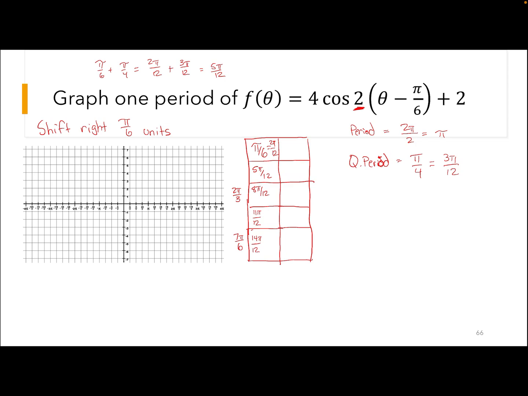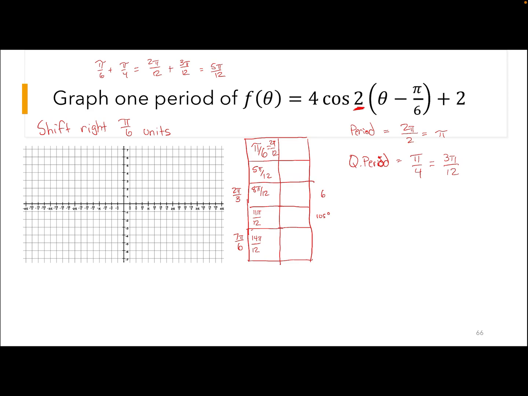So now, if you think about this, we're adding 45 degrees every time.